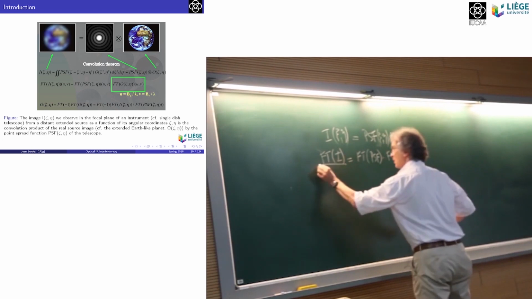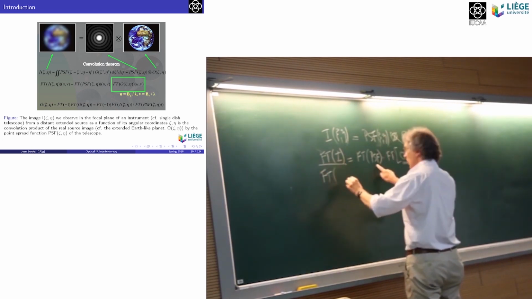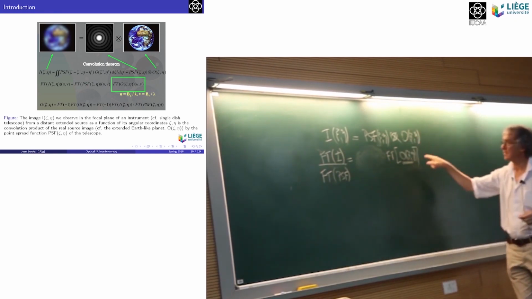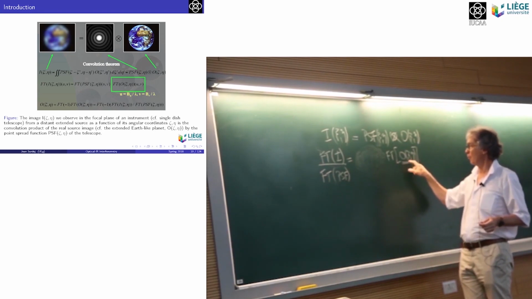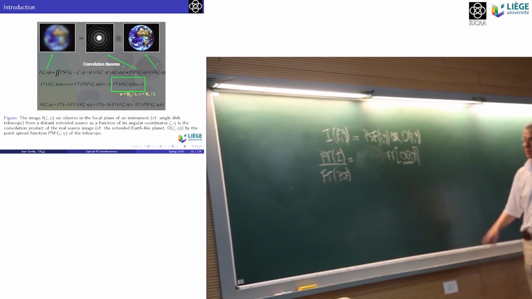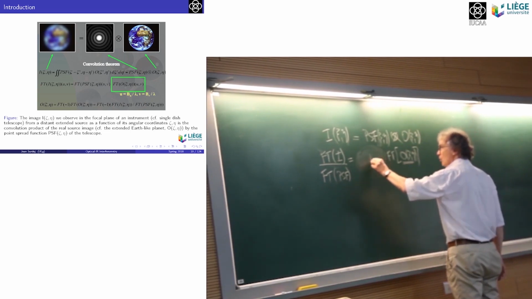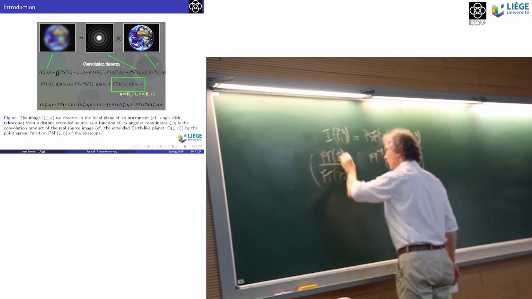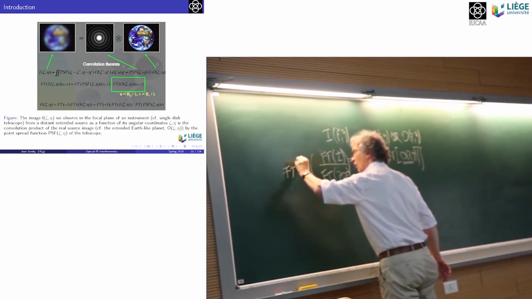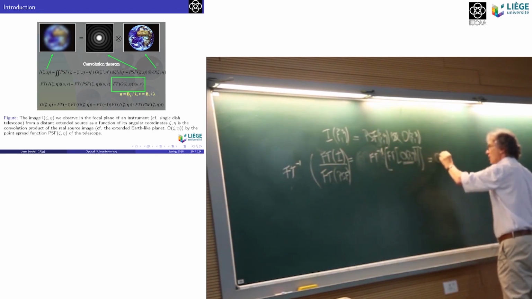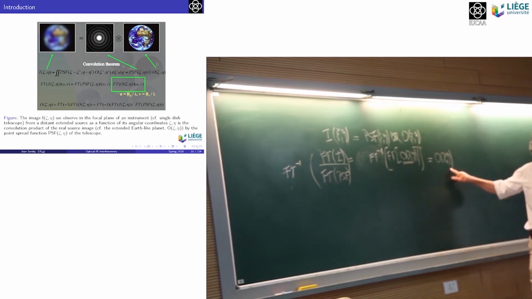You divide by the Fourier transform of the PSF, and you find that the Fourier transform of what you are searching for is equal to the quotient of those two quantities. Then you take the inverse Fourier transform, and this gives you exactly the quantity you're interested in.